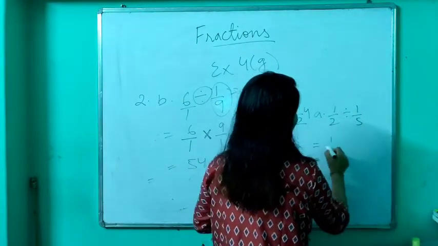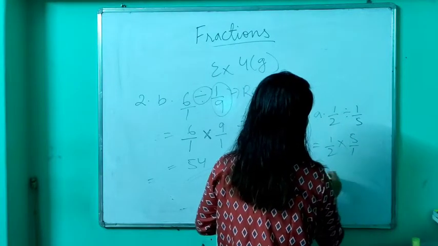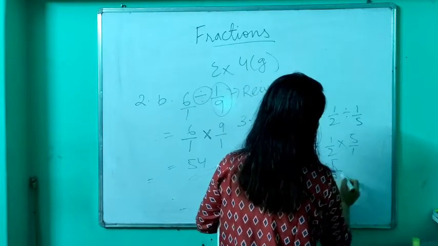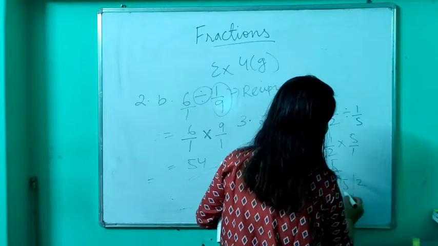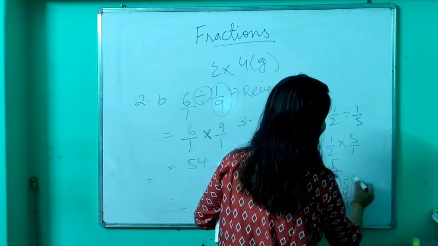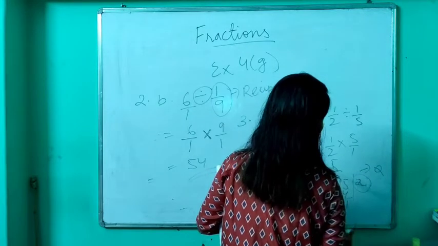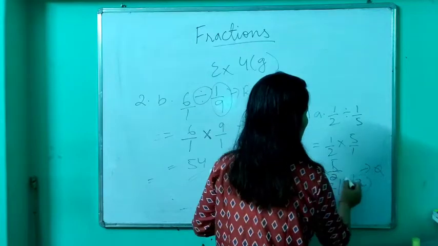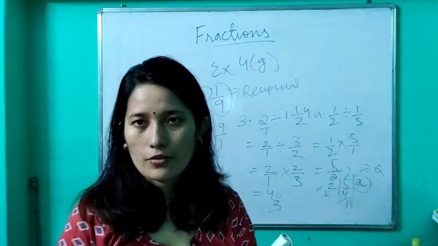So convert divide into multiplication, so you write the reciprocal. 1 by 5 becomes 5 by 1, 2 1s are 2. So 2 divided by 5, so 2 2s are 4. So your quotient is 2 here, and 1 is your remainder. This one is your divisor, this one is your dividend. That you already have a concept about, right?